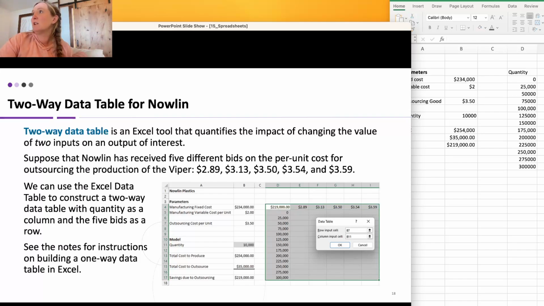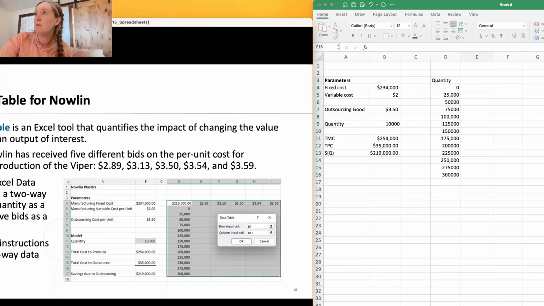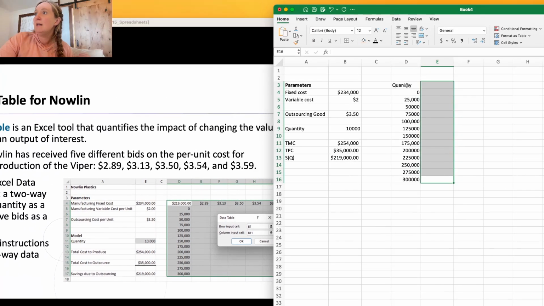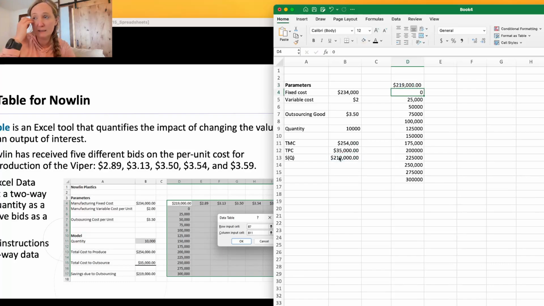Okay, so let's go back to this. We're going to move this over so I can see the values here. Now we have our function, which is our manufacturing cost minus the outsourcing cost. And the bids essentially are going to be 289, 313.